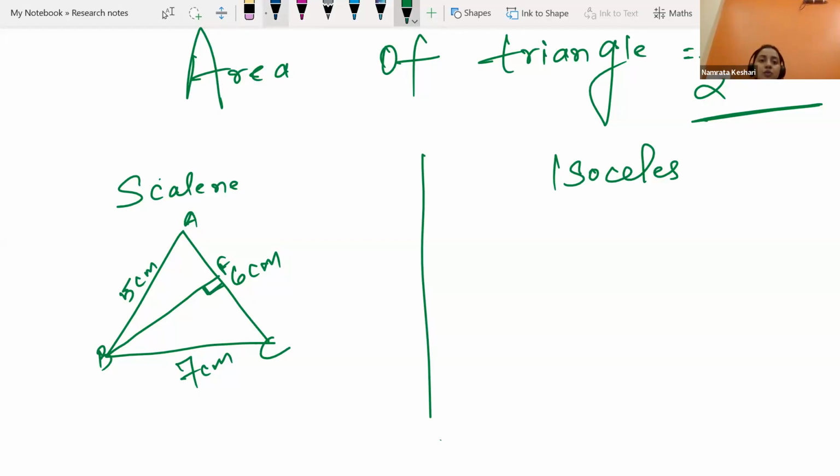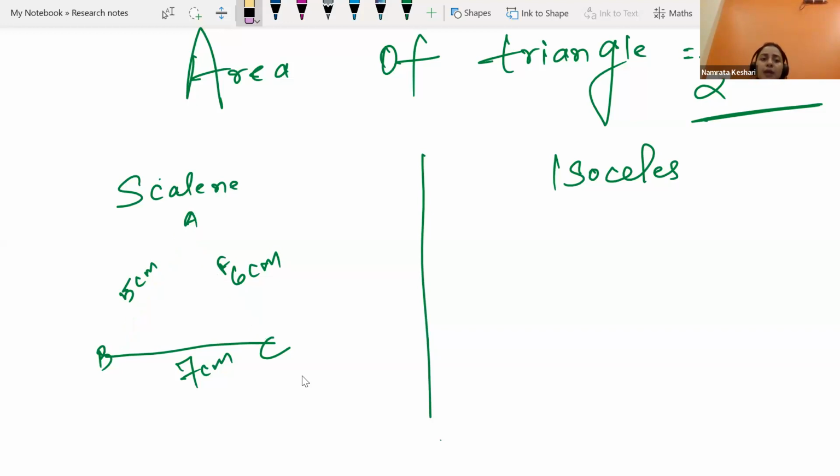So we were talking about finding the area of this triangle by our favorite formula, that is 1 by 2 into base into height. We don't want Heron's formula anymore. We are happy with our formula and we want to find the area by using this formula only. But a problem is getting created. Base we can take any side, but how will we find the height?